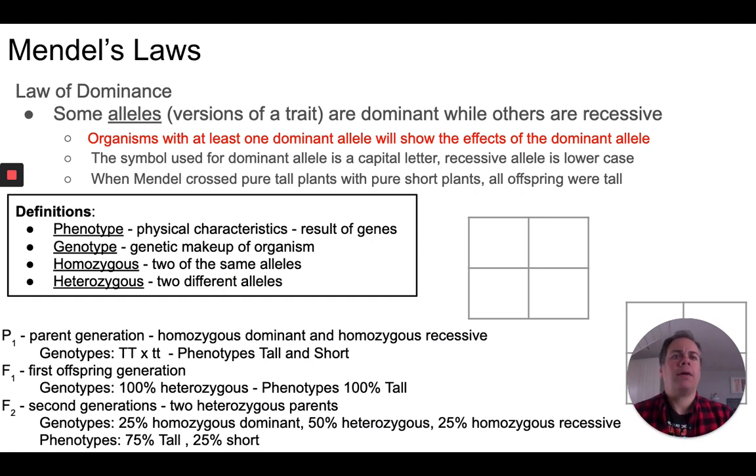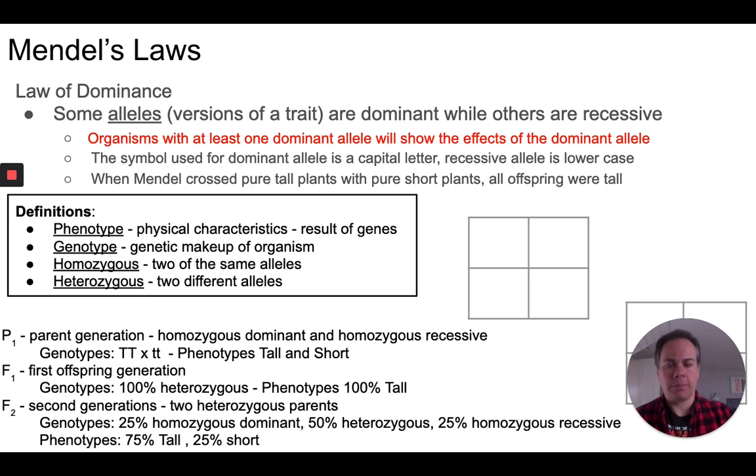So in Mendel's research, what he found is that some alleles, some versions of these traits, are dominant, while others are recessive. And organisms that have one dominant allele, that's the allele that will show through. It will cover up the recessive allele if it is there.